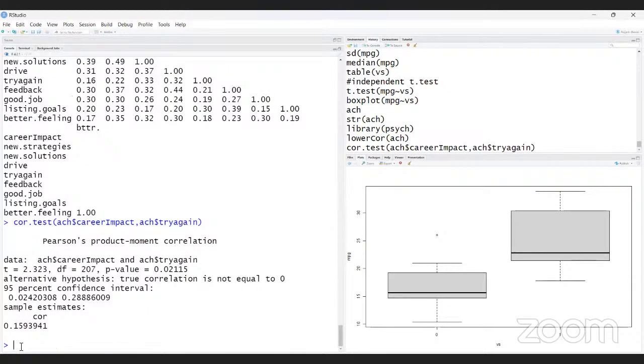Okay. So I find the p-value is 0.02. That means that is also significant. Not very significant, but it is significant. So if the lowest one is significant, that means all the other values are significant.